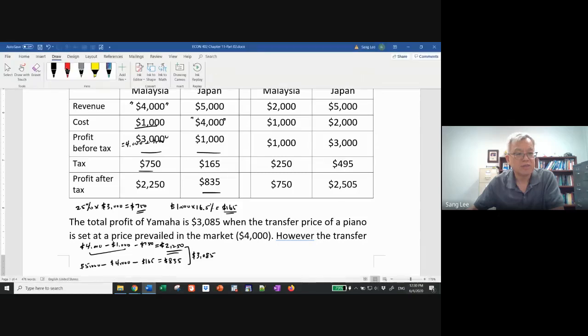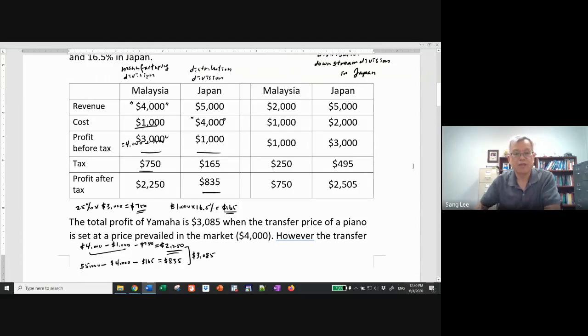Okay. Now let me pick a different color here. So now here on the right hand side of the panel, we have a different transfer price. The true cost of producing a piano is still $1,000.